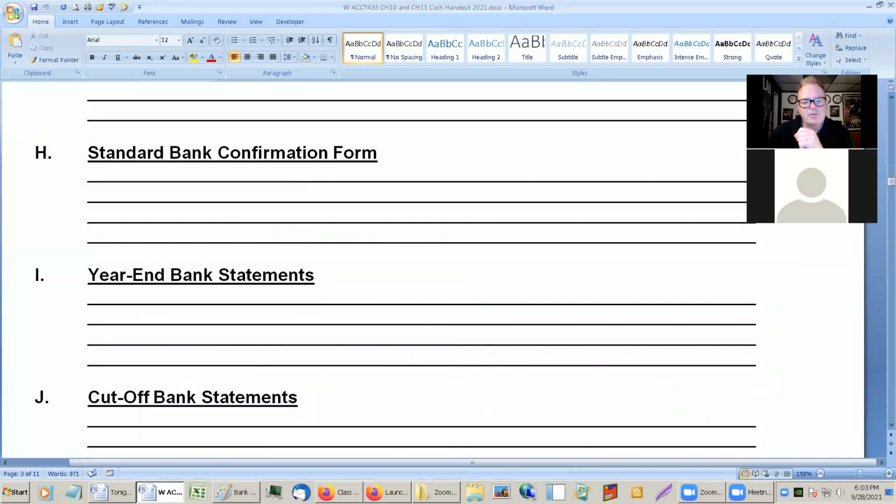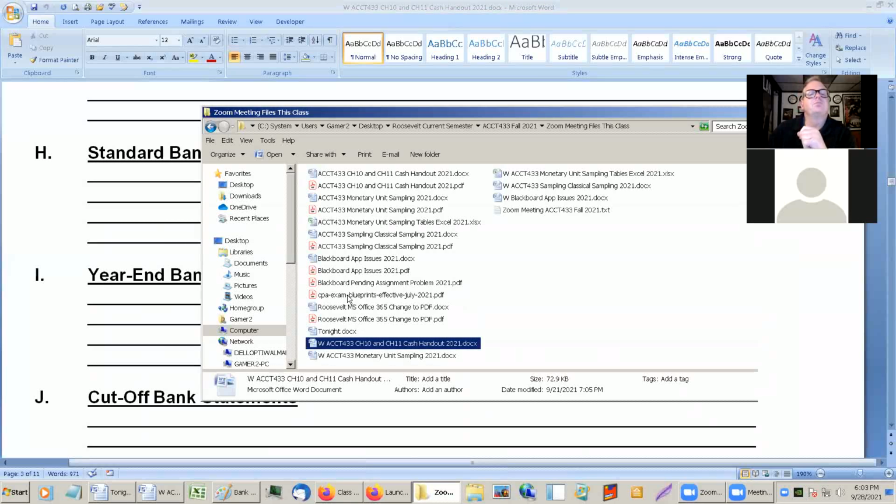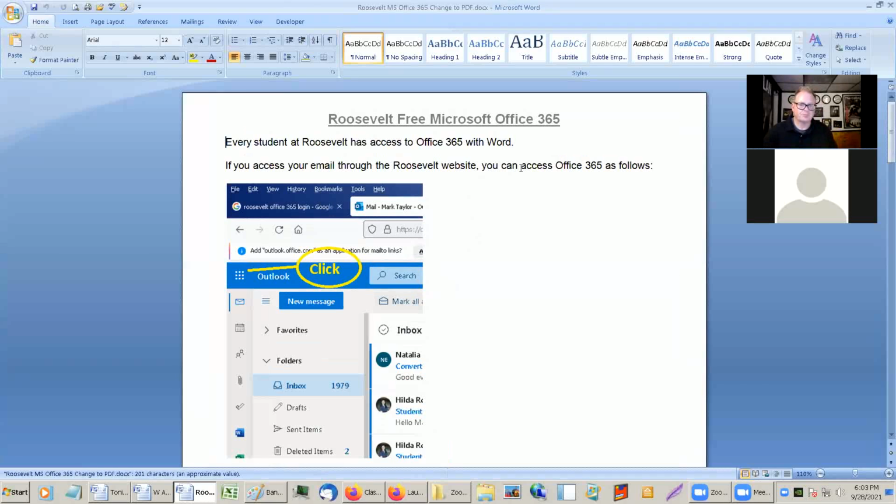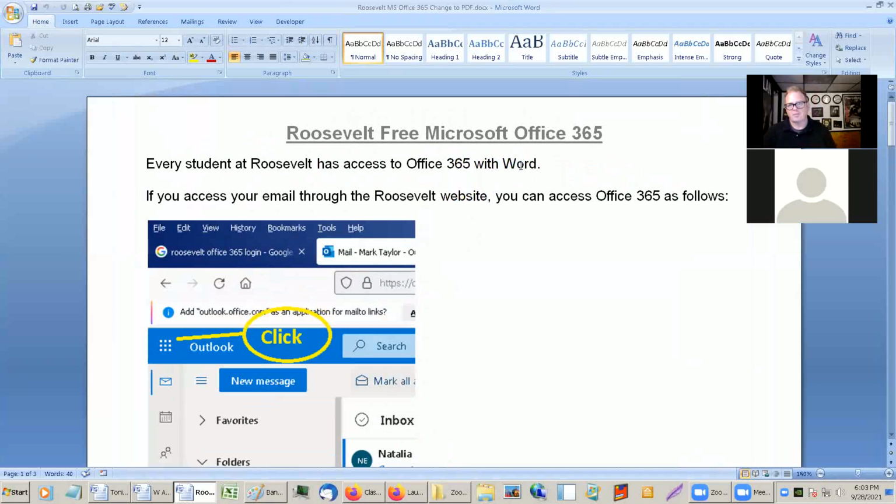So anyway, Microsoft Office. Everyone at Roosevelt can use it. There's a browser-based one.